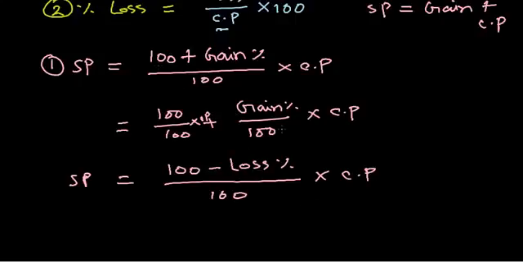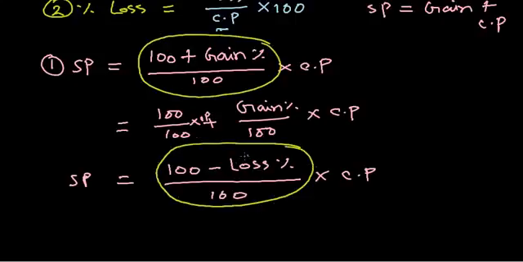So both of these are the same thing, because you add a gain percentage or subtract a loss percentage. In both ways, these give you the selling price. Okay, these are the same.